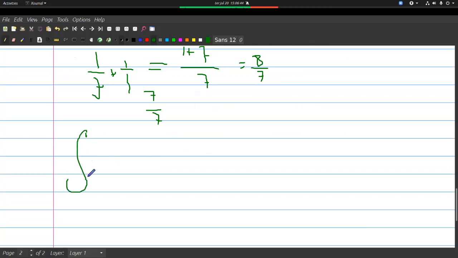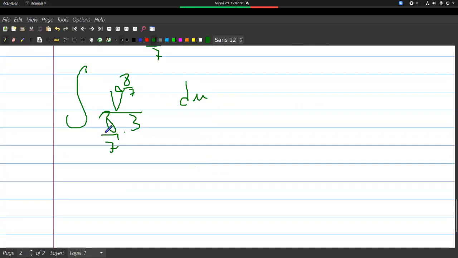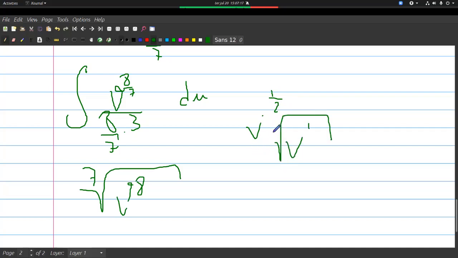So it's going to be the integral of v to the 8 over 7 power divided by 8 over 7, times 3, du. And so what is this? This is going to be v to the 8 square root 7, because we know that v to the 1 over 2 is the same thing as v to the 1 square root 2. But oftentimes we omit this 2 because for a square root we don't need to put the 2.